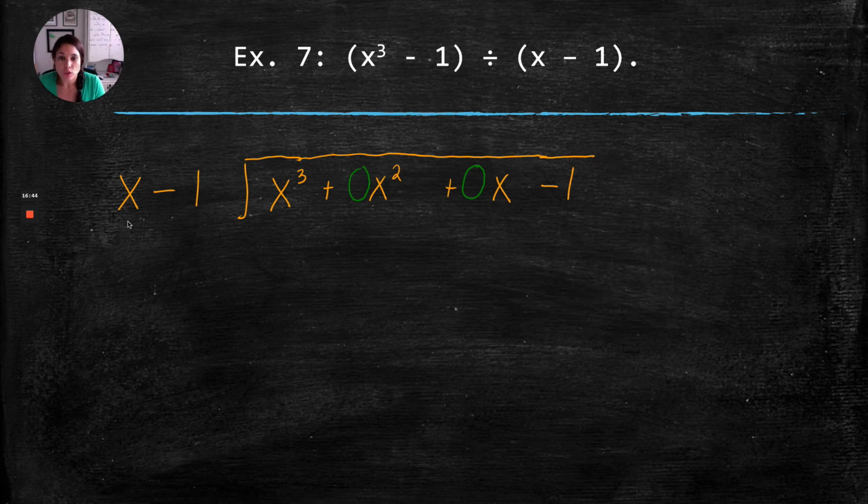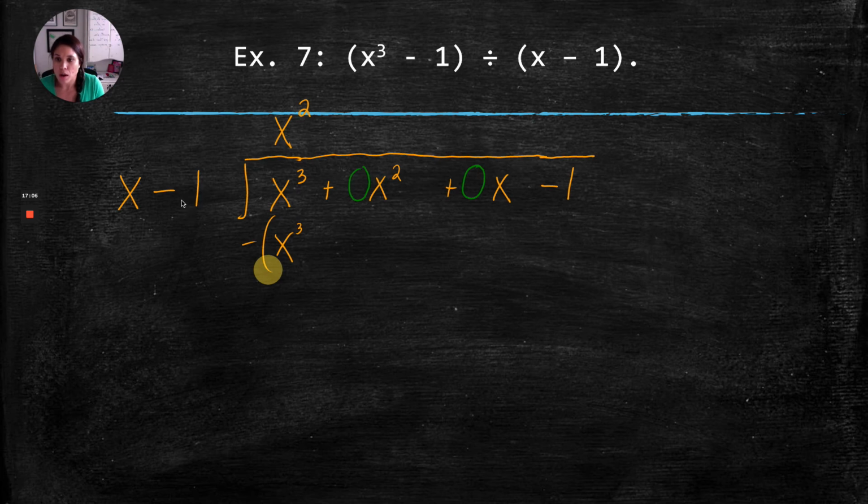So now we're ready. How many times can x go into x cubed? By thinking of the product with the product rule, you should think x squared. X squared times x is x cubed, and we're going to subtract this. Put your answer in your polynomial in parentheses. So now we're going to work on the second term.